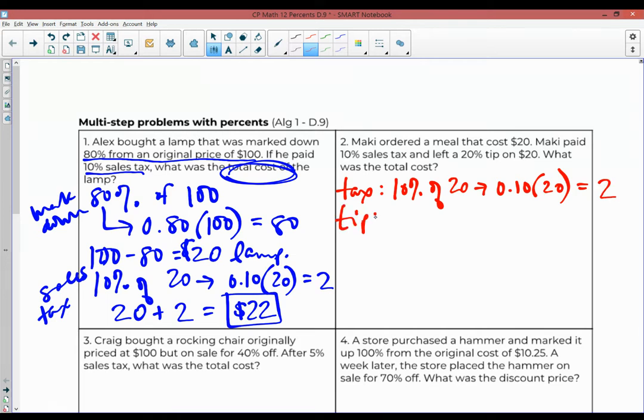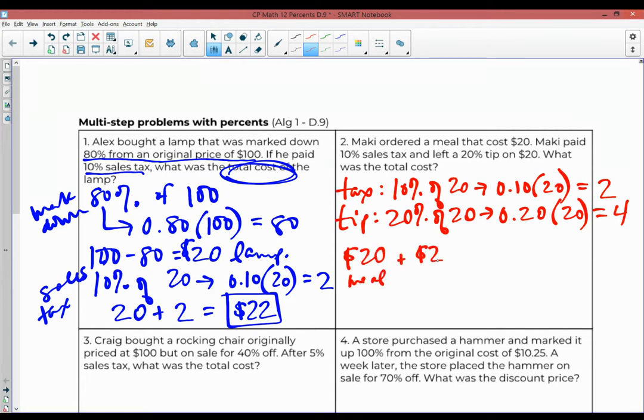The tip is 20%. 20% of 20, so that's 0.20 times 20. So it's just 10% twice. So 10% was 2, twice of 2 is 4. So his meal was $20 plus $2 for tax plus $4 for tip is going to be 26 total.